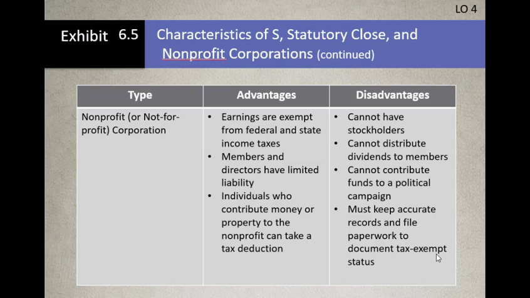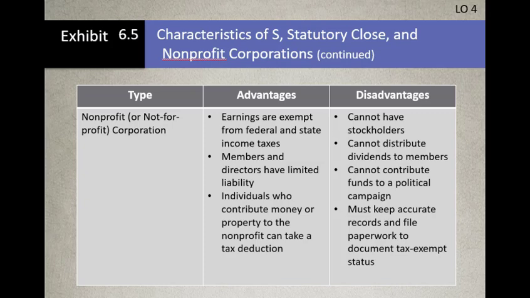Members have limited liability, so again, the nonprofit is normally run by an executive director. Whoever the executive director is, it's not like they're going to come after their personal assets. They are protected with some limited liability. And when we say limited liability, like I mentioned quite a while ago, there are exceptions to the rules. But most of the time, they're not going to come after your personal assets.